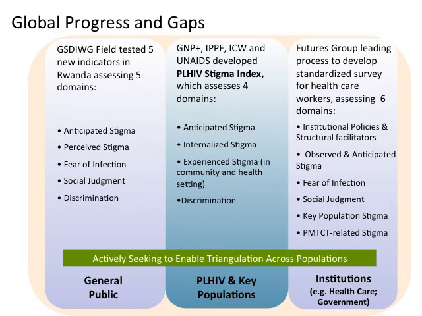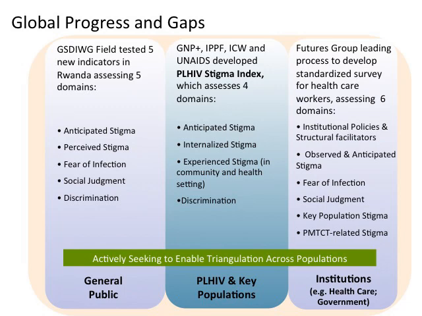The nice thing about that is we're trying as much as possible to enable triangulation across these populations. So looking at what we are asking among the general public, and can we also ask that in institutions, and can we also ask a similar question among people living with HIV, so that we have these 3 sources of data that we can use to figure out what is going on in terms of stigma and discrimination in a given country.